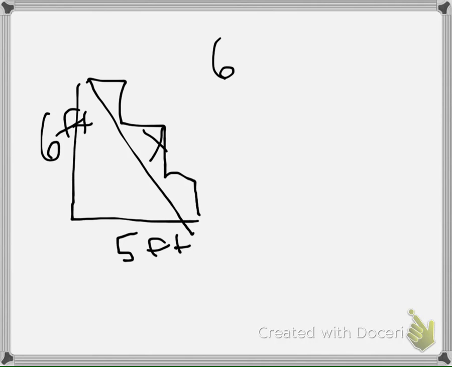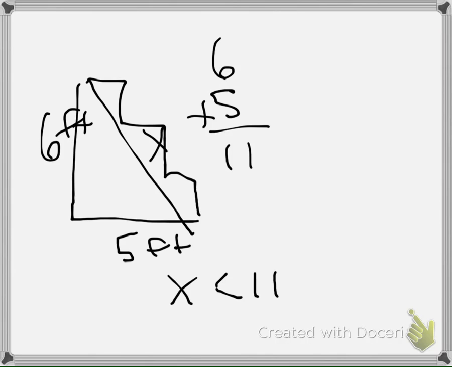If we were to add 6 plus 5, we would find out that 6 plus 5 is 11. This lets us know, based on the Triangle Inequality Theorem, that whatever x is, even though we don't know it yet, it cannot be 11 or greater.